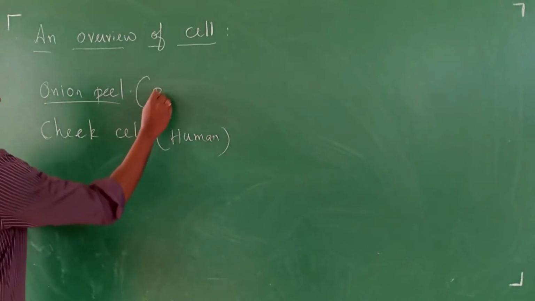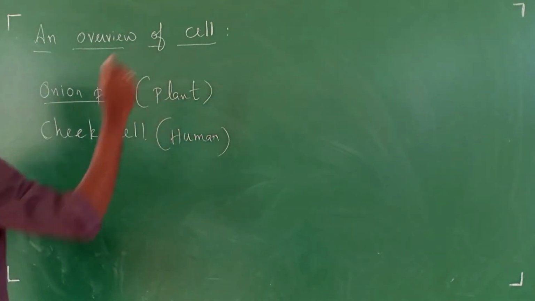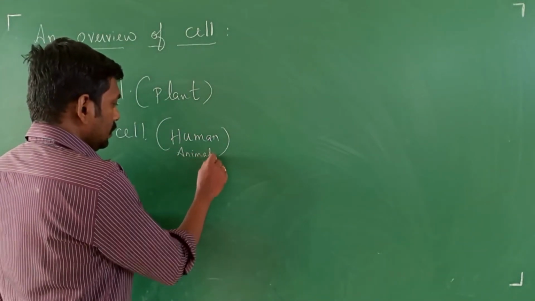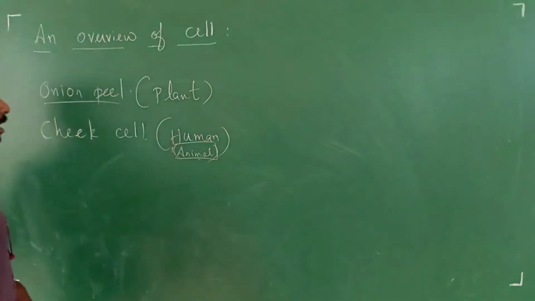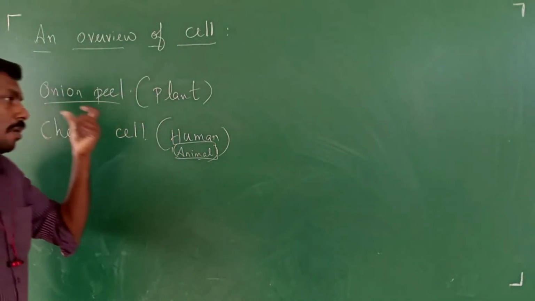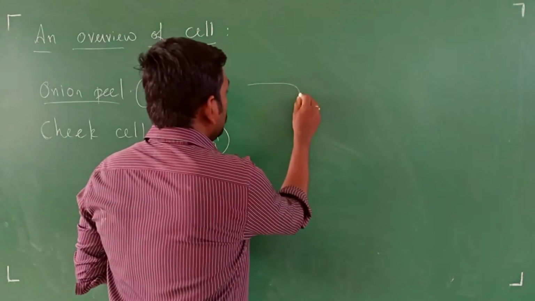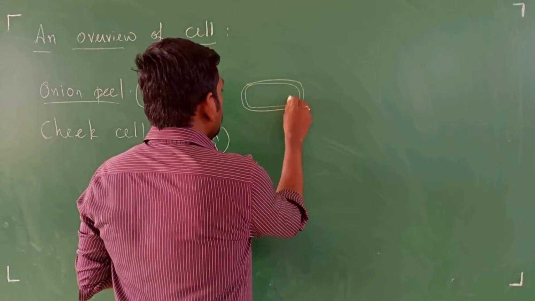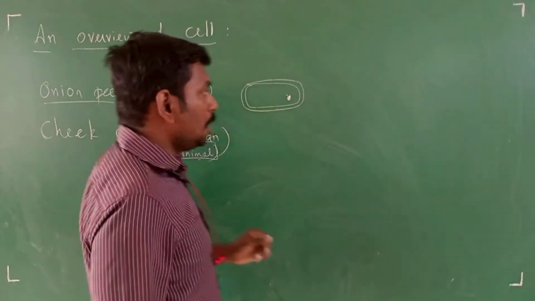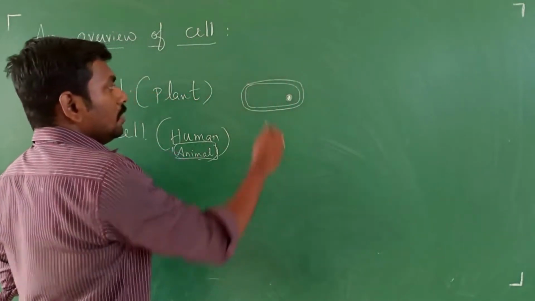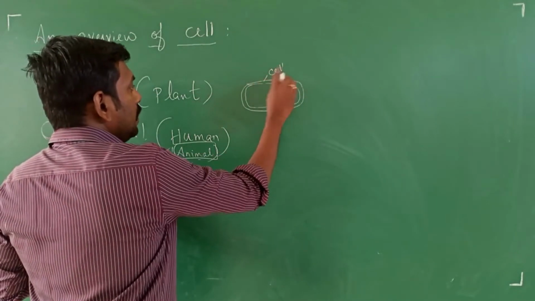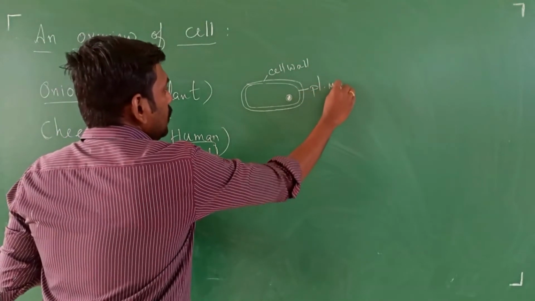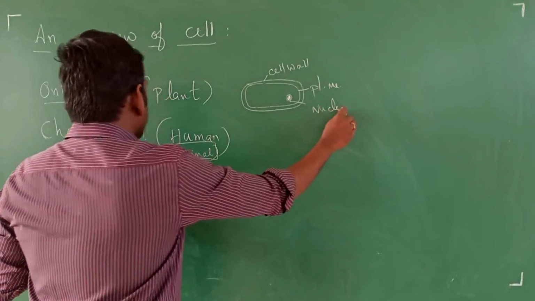In the onion peel you will have the structural details: the outermost cell wall, then the plasma membrane, then the nucleus.